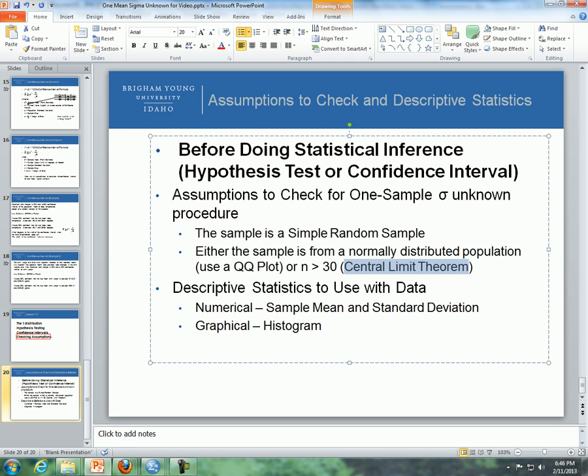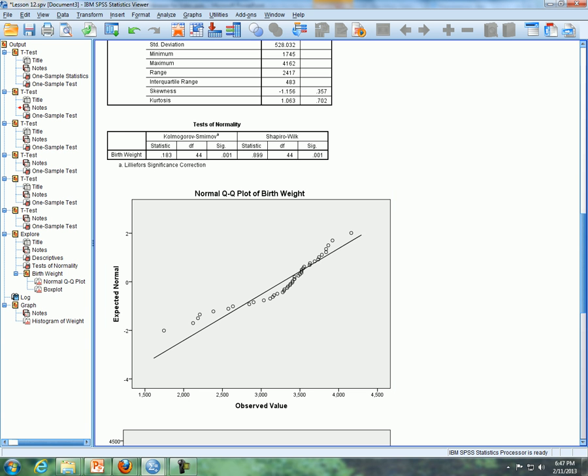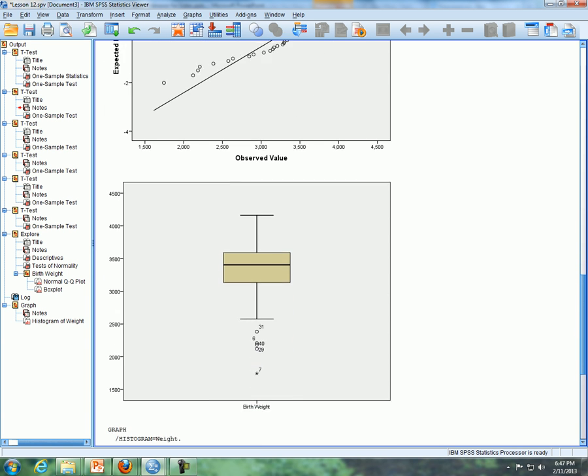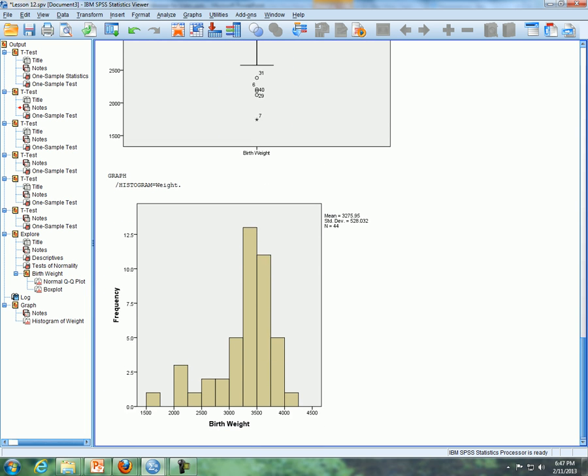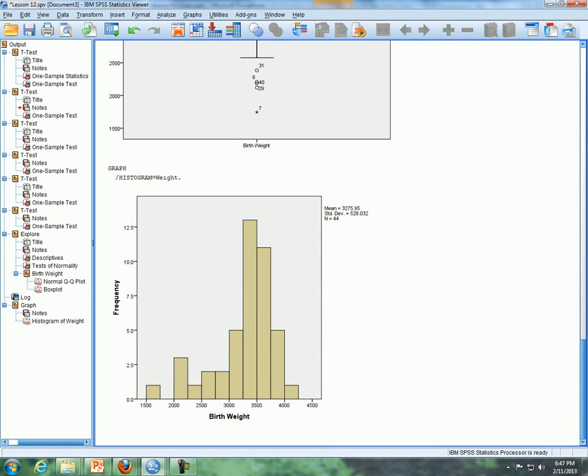Now the descriptive statistics that we would ask you to put together for the one mean, standard deviation unknown, is for the numericals to give the sample mean and the standard deviation, and for the graph to give the histogram. You could also give a box plot as well. Going to the SPSS output, here's the box plot that you can get from SPSS, and then here is a histogram.